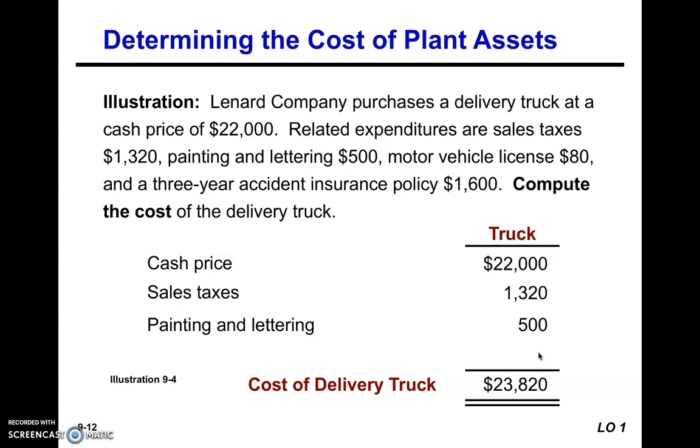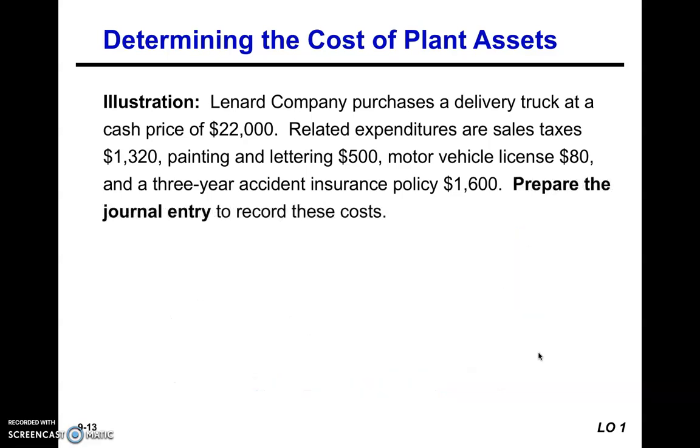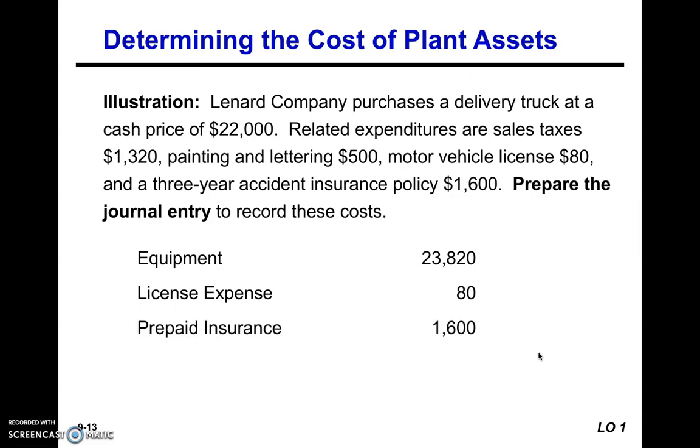Therefore, we're going to debit equipment and credit cash for $23,820. So equipment, and then we have license expense and prepaid insurance. So the total cash we paid would be $25,500, of which $23,820 is for the truck, for the equipment.